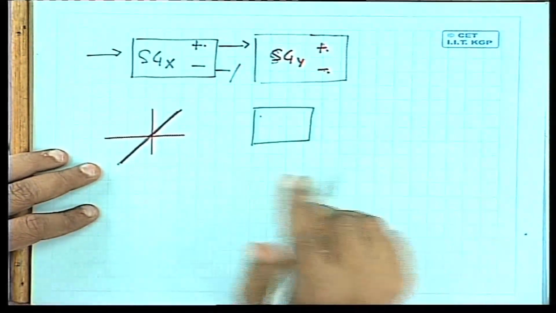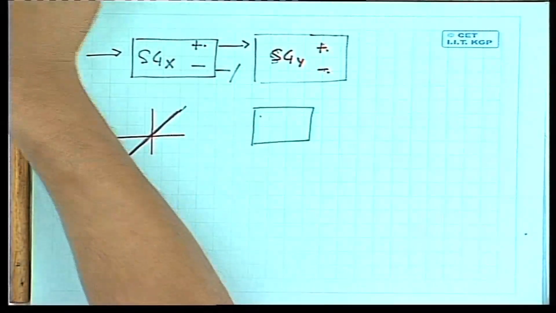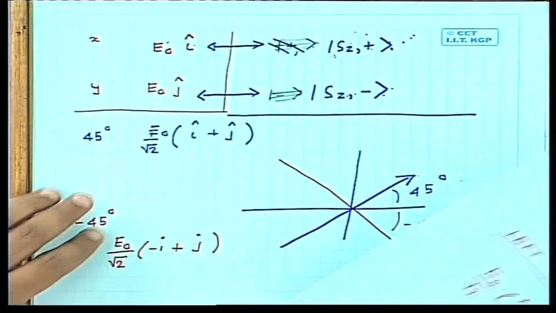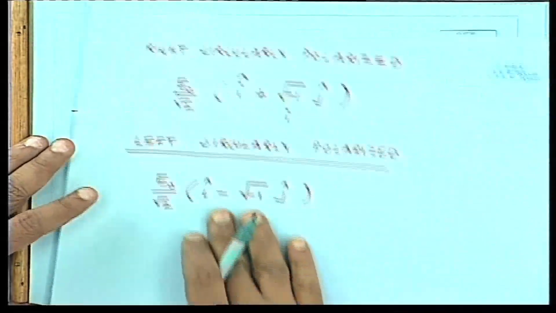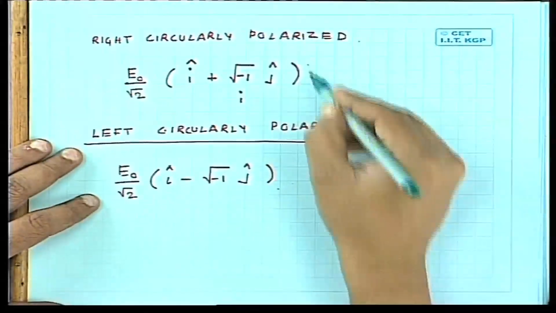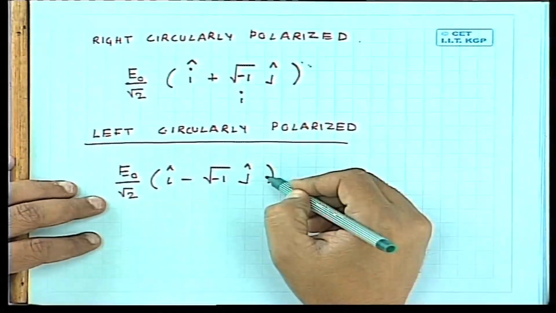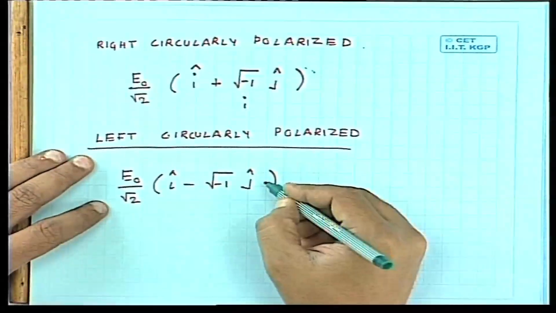How will you do that? Mathematically, you have to express this polarization state in terms of these two polarization states. Any polarization state can be expressed in terms of these two. So you have to express this one in terms of this and this.